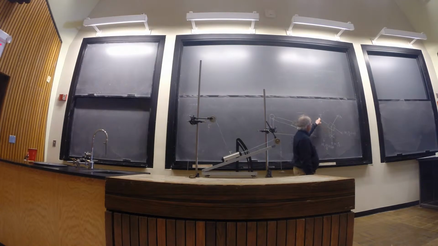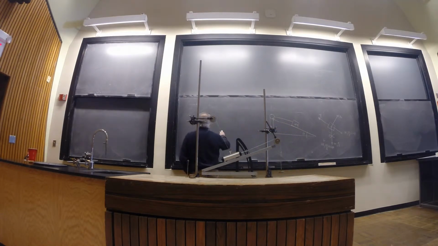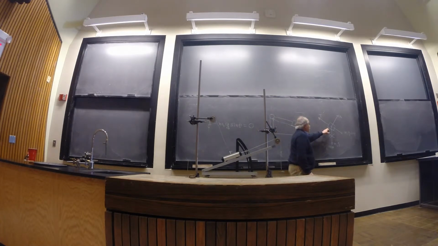And what I get then is a relation between the tension and the component of the weight along the direction of the incline, namely T minus m1g sine theta is equal to 0. That's from this free body diagram.